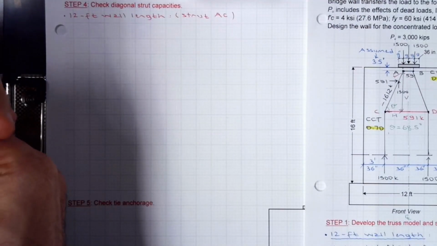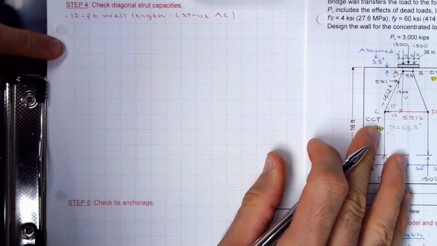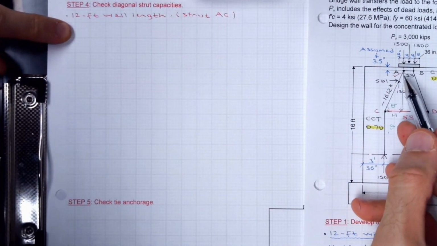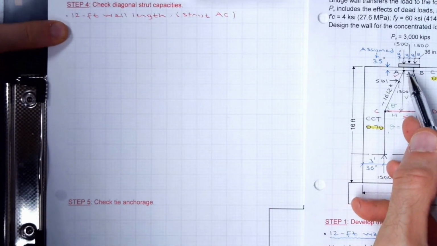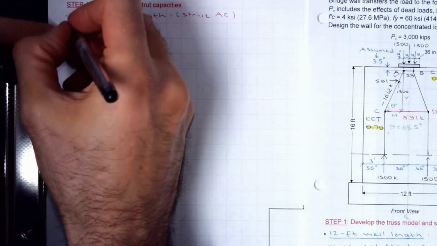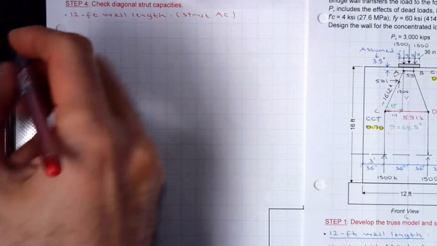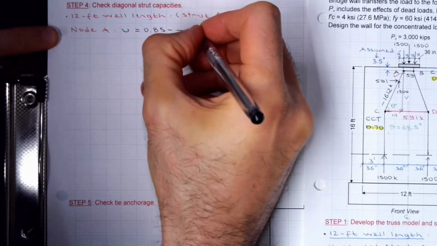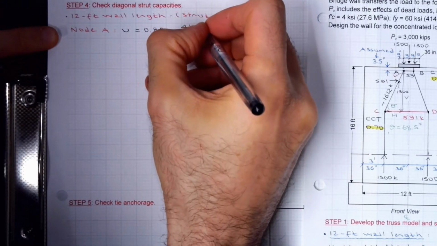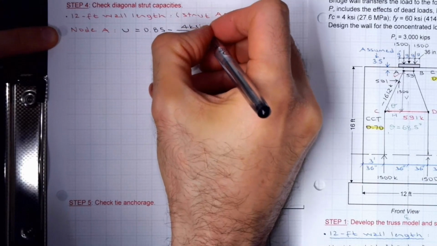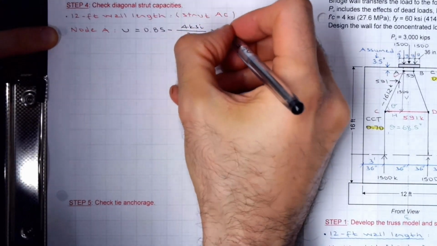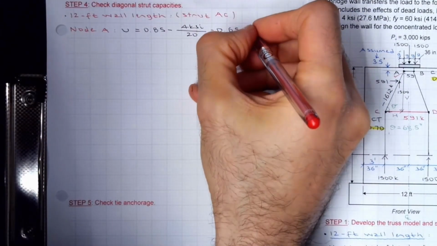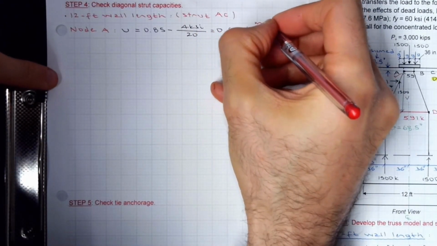Based on the latest version of AASHTO, there is a concrete efficiency factor which I'm going to be calculating, which applies to both ends, so it would apply to node A as well as C. Let's start checking node A. Concrete efficiency factor is 0.85 minus f'c, 4 ksi, divided by 20. 20 is a constant part of the equation. This number cannot exceed 0.65, which is the upper limit. It has to be smaller or equal, so this is the maximum.